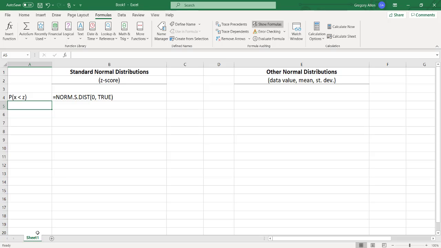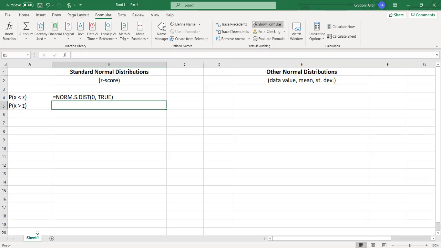So what if you want other things? For example, what if you want the probability of a value greater than your z-score? Well, if you want anything other than a less than, you have to use what you know about probabilities.